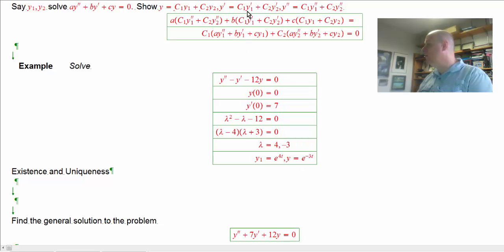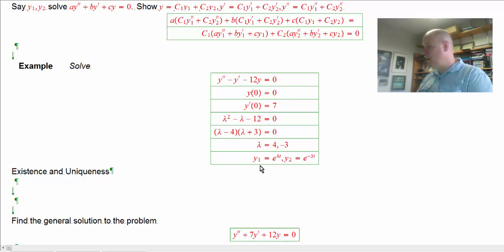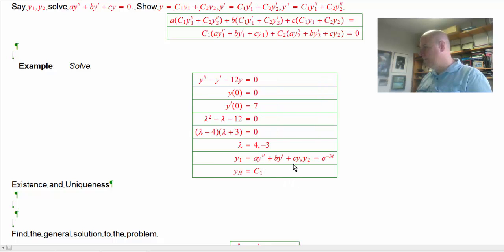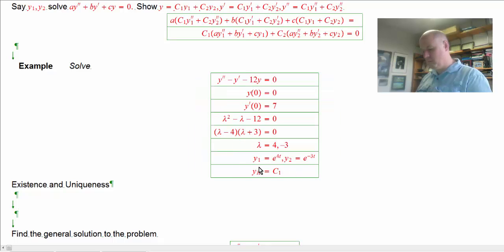Now, I'm not putting constants in front of them. I guess I can, but I'm not going to, because I'm going to take a linear combination of these two pieces anyway. I'm going to say my homogeneous solution is equal to some constant times the e to the 4t plus some constant e to the minus 3t.